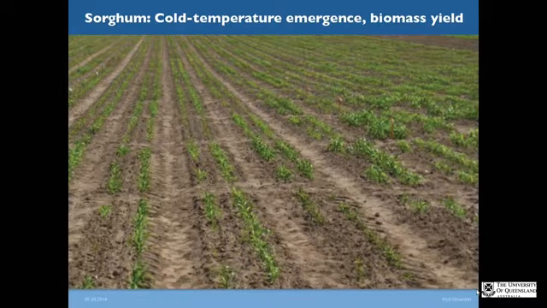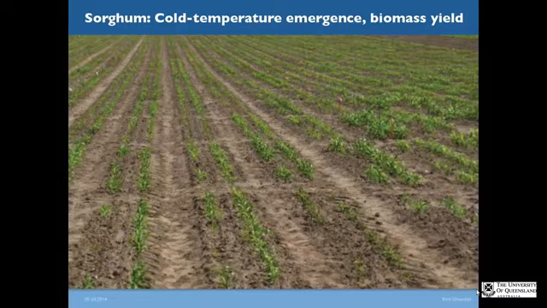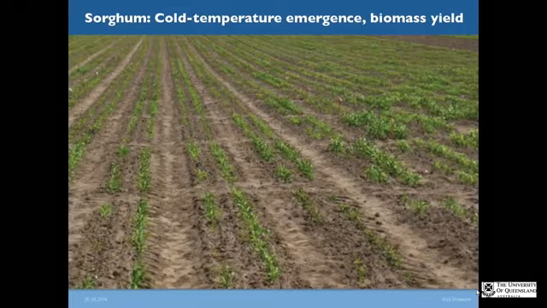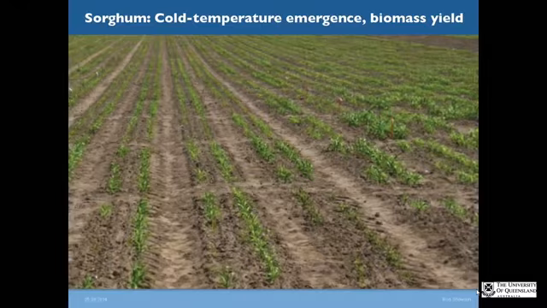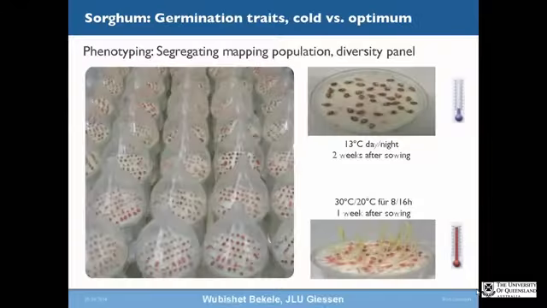So we're looking at this complex of traits, especially in sorghum and in canola for different reasons. In sorghum, because the cold temperature or cool temperature emergence in springtime in Europe is really the do-or-die trait. If you don't have it, then you won't be able to sell seeds. So really we're interested in this as a way to establish sorghum as a new bioenergy crop for Europe.